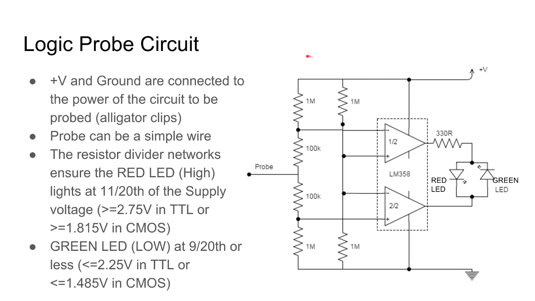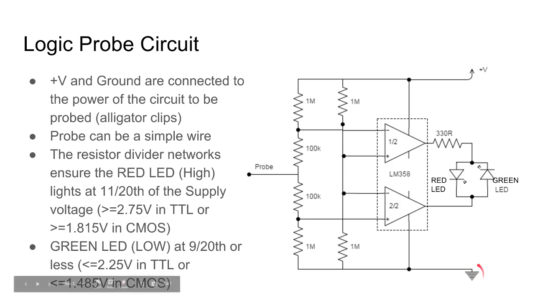Alright, so in order to measure logic levels, I found a very easy to build circuit online, and I've got it here in the schematic, which I actually have built and tested myself, and it's very quick and easy to build, and quite effective. Just a few things to note here: the V plus and the ground pins need to be directly connected to the circuit that you're testing.